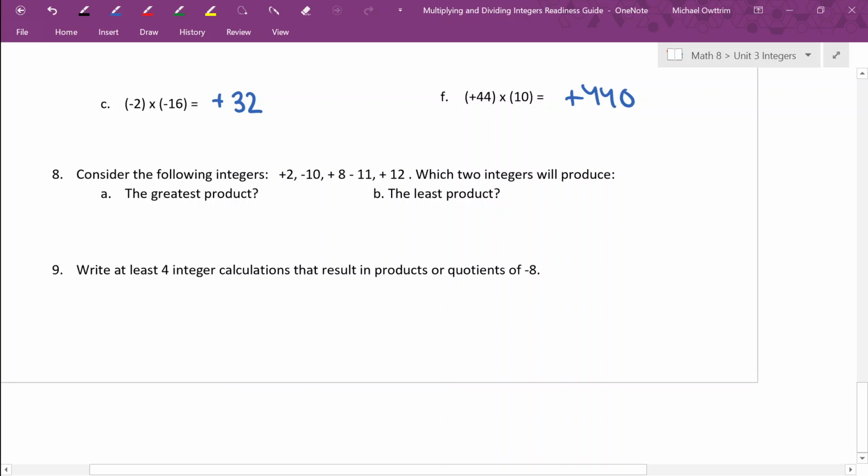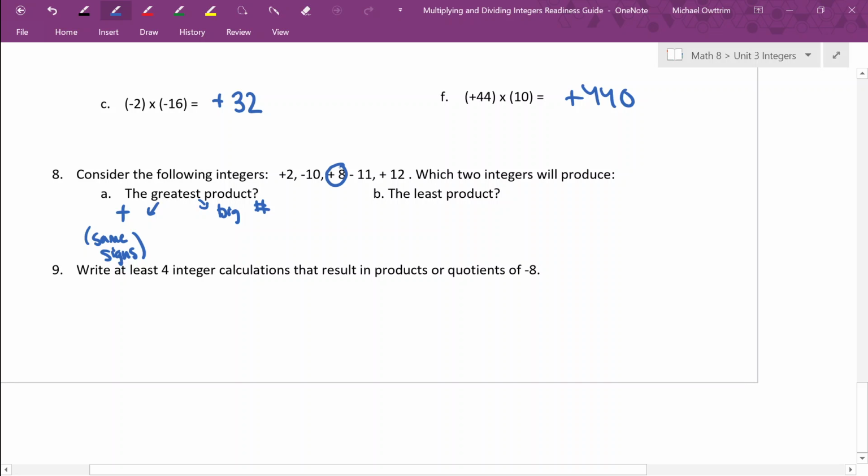We want to consider the following integers. We want to know which two integers will produce the greatest product. The largest number is going to be positive, and it's going to be a big number. And product means multiplication, of course. So if we want it to be positive, we need our integers to have the same signs. And we want the biggest numbers that have the same sign.